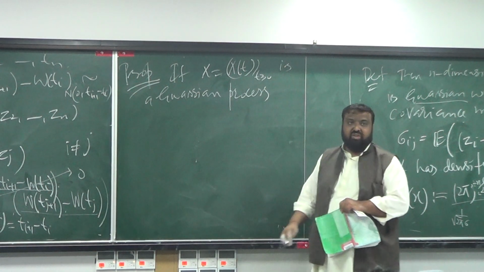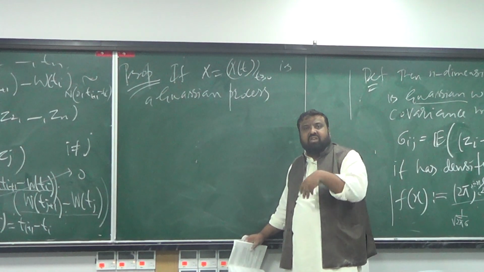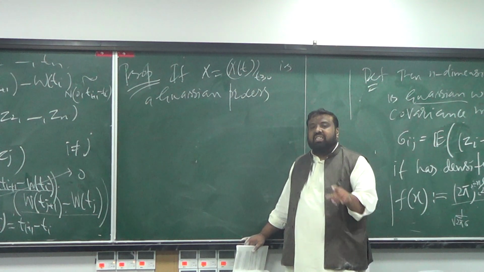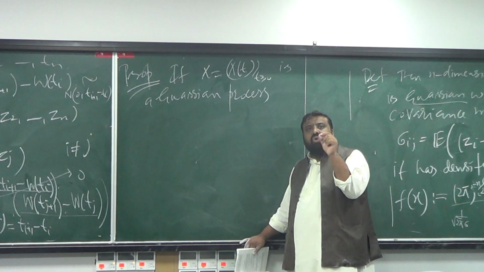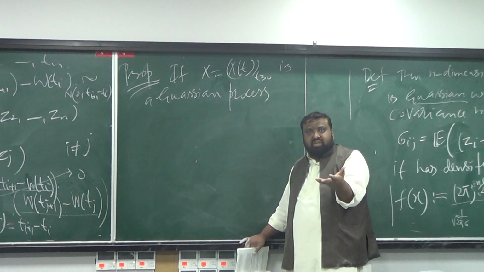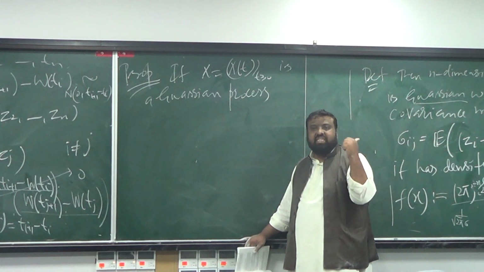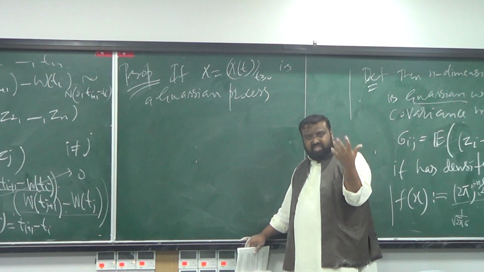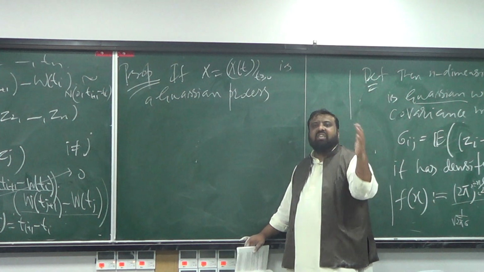We know what the meaning of a Gaussian process is. Take any number of increments and make a vector out of them, and it is going to follow an n-dimensional normal distribution. This is an important point: it doesn't say that you always take n increments. You can take any number of instants, 2 or 3 or 10 or 15 or 100, and consider their increments.